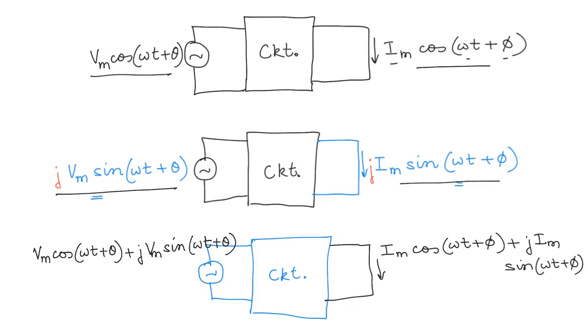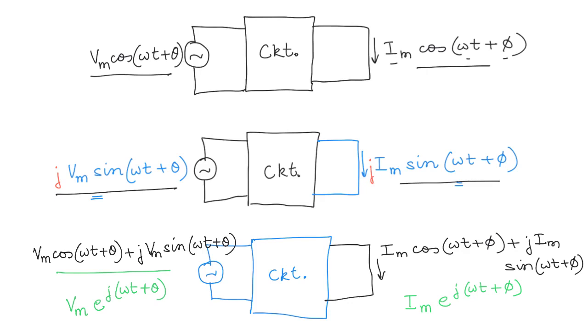Now, of course, if you remember your complex numbers a little bit, you would easily see that the function that is here is a complex exponential, isn't it? It's basically Vm e to the power j(omega t plus theta). And when I give that input, the output that I get is Im e to the power j(omega t plus phi).